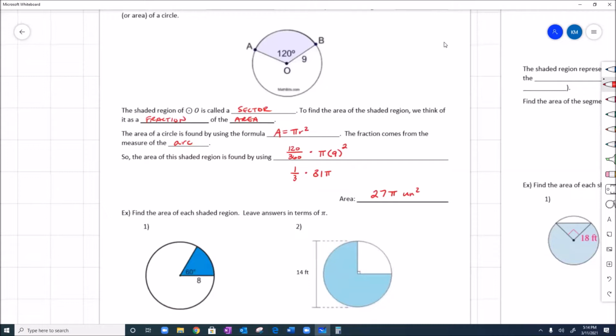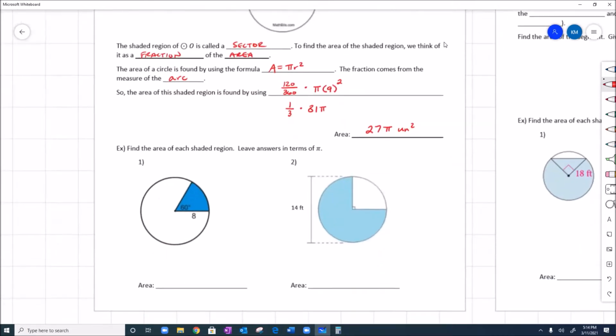It should be pretty straightforward here. Let's look at a couple more examples. Here we have a sector with the arc being 60 degrees. We can set this up similarly and say 60 over 360 times pi r squared.